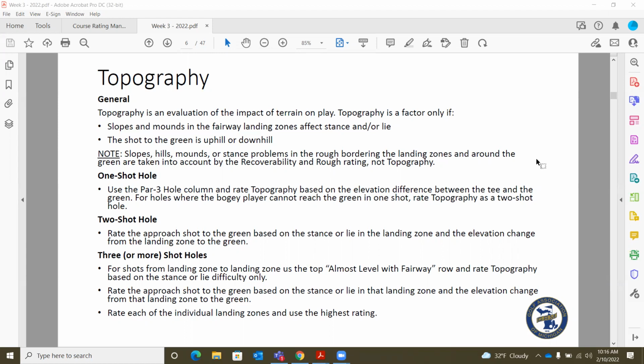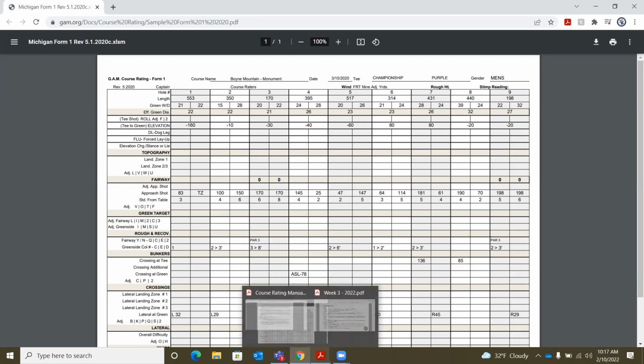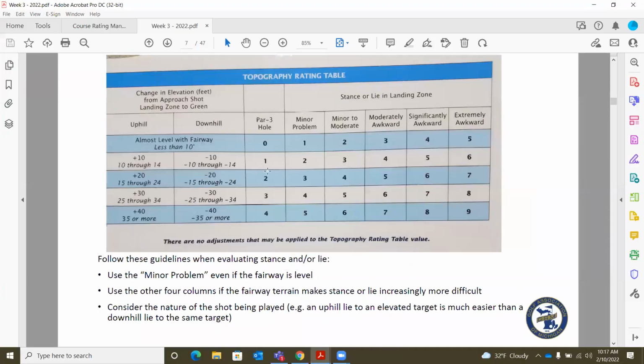And on a par 3 for our form 1 that you'll get, that elevation tee to green will be provided for you. So you can see here, this hole 3, we already have the elevation, it's minus 30 feet. And we know that, so then we would go to our chart for topography.